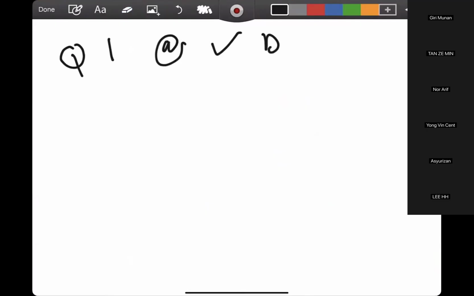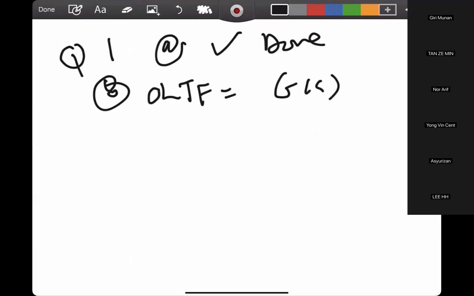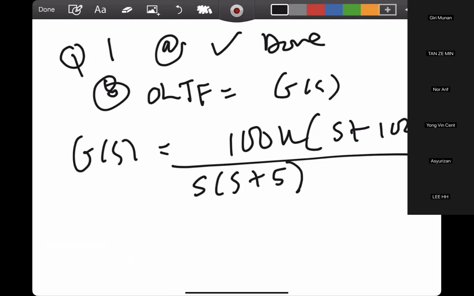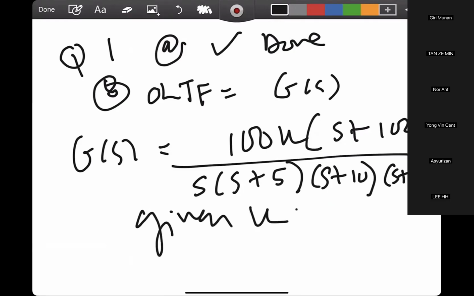Q1A done. B is the open loop transfer function, 100K times (s plus 100) over s times (s plus 5), (s plus 10), (s plus 500), and given K is equal to 0.01.